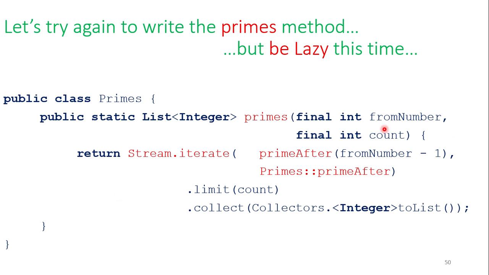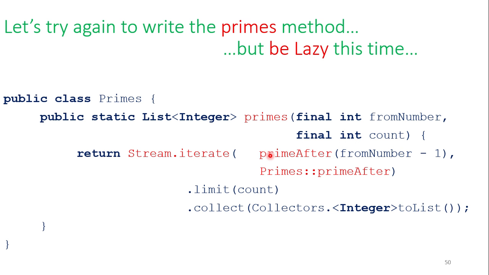So in this case, since we need to start at fromNumber, which is a parameter here, we are going to tell it to start at fromNumber - 1, so that if fromNumber is a prime, then it's going to be the first prime after fromNumber - 1. So we call this method that we have not yet written, and we get a first prime number occurring after fromNumber. And that's going to be our seed.